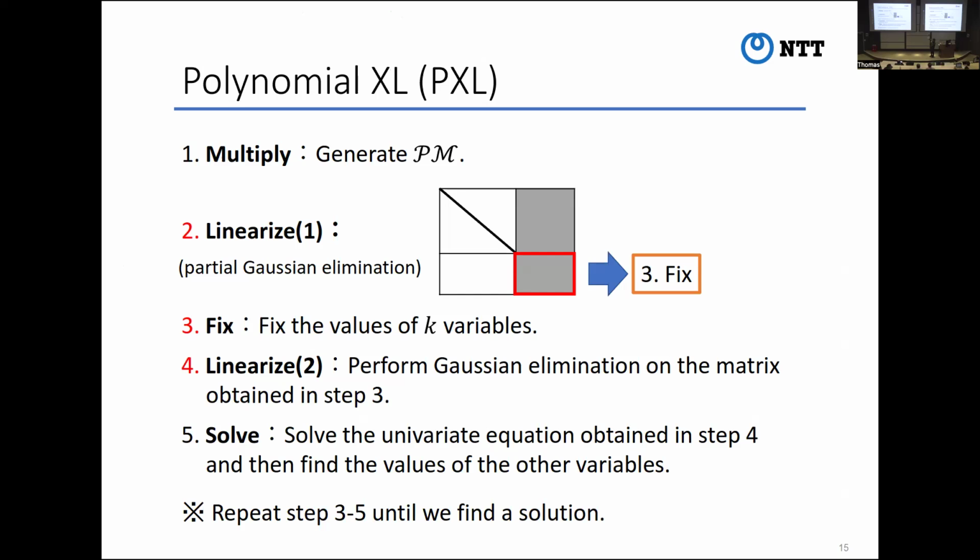For this block, in the first step, we fix the values of k variables, and then we perform the Gaussian elimination on this smaller matrix. And after that, as in the plain XL algorithm, we solve the univariate equation and then find the values of the other variables, and we repeat these last three steps until we find a solution.